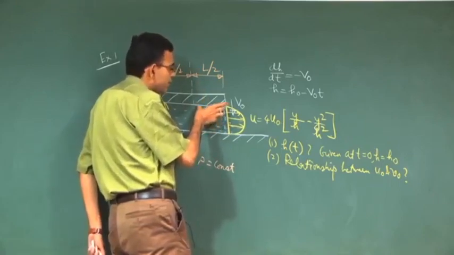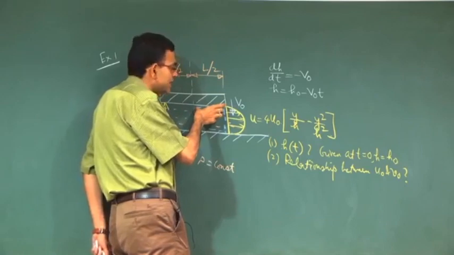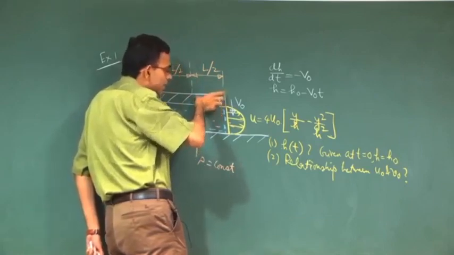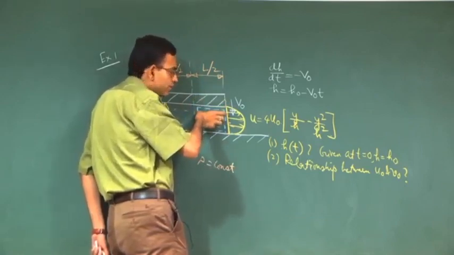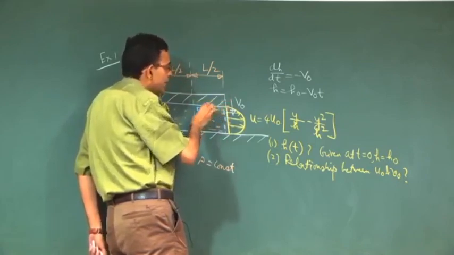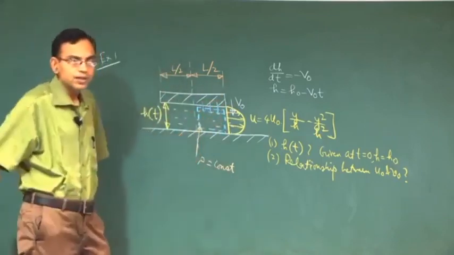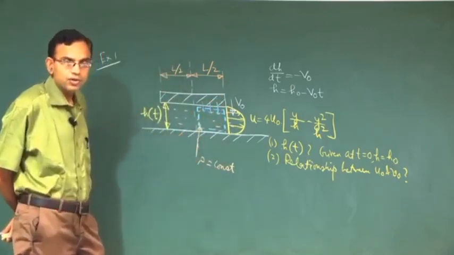So whatever you have drawn remains like this. Then the plate which is coming from the top towards the bottom will result in some flow of the fluid across the face of the control volume.